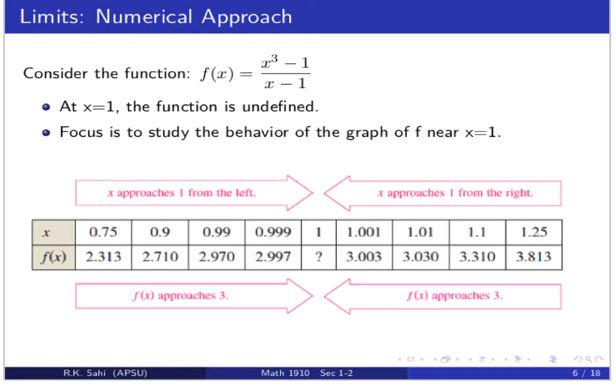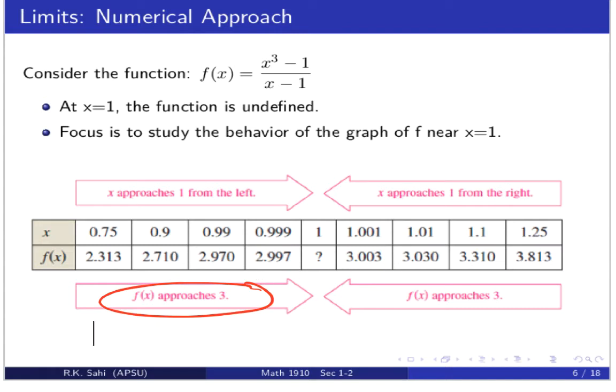That's where calculus comes into place. So we take some points which are very close to 1, both from the left-hand side and the right-hand side, and then we look at the function values. What we notice is that as x values come closer to 1 from the left or the right, the function values approach 3, both from the right and the left.